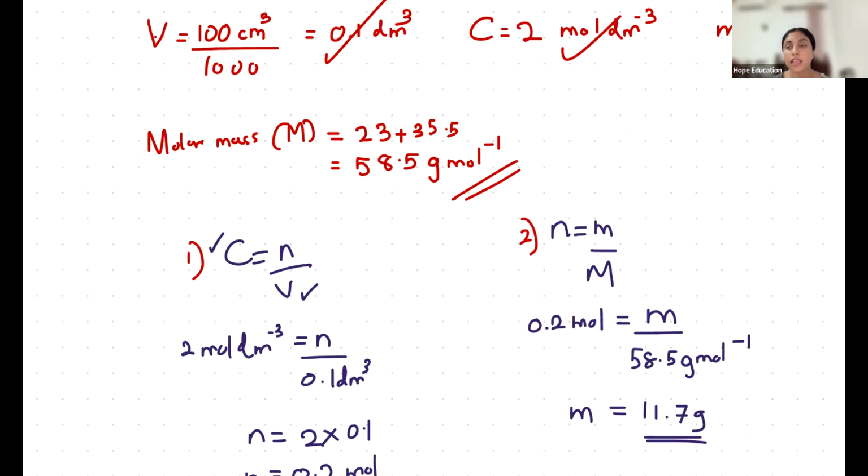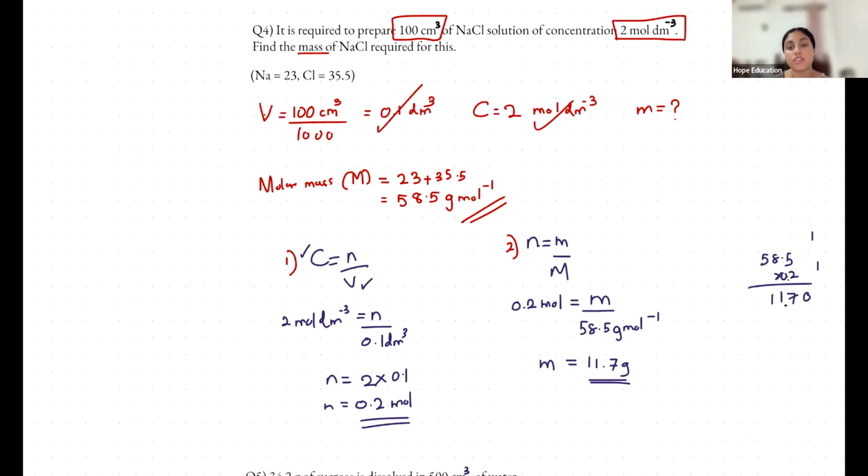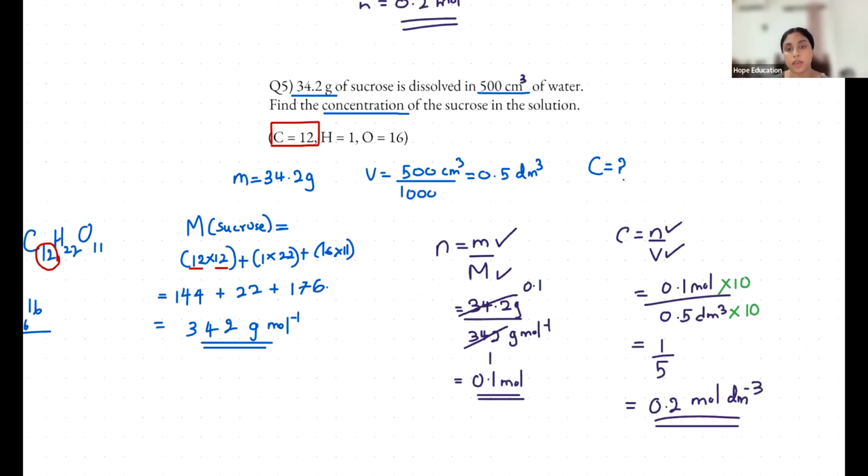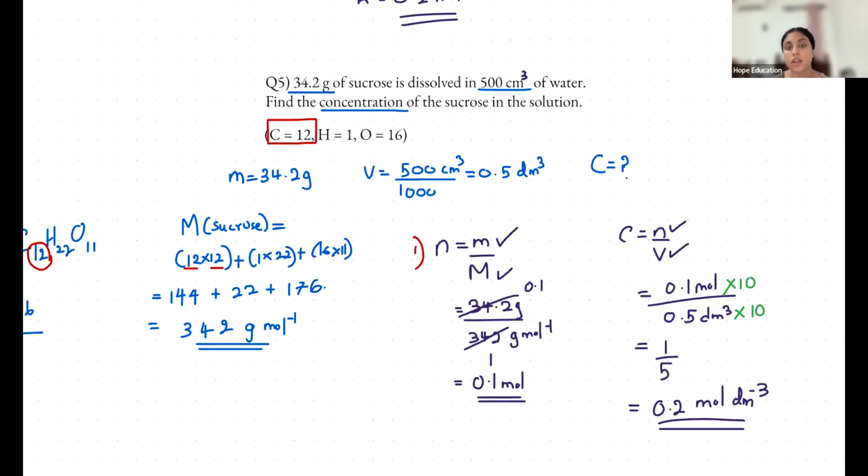Whichever equation I can use first with the given data. Here, concentration and volume are given, so I used this equation first and found the number of moles. Then I have the number of moles, and here I have the molar mass, so I found the mass. In the previous question, with the given data, I could not first find c equals n over V. So I first use n equals m over M, because the mass is there and the molar mass is there, I just have to find the number of moles.